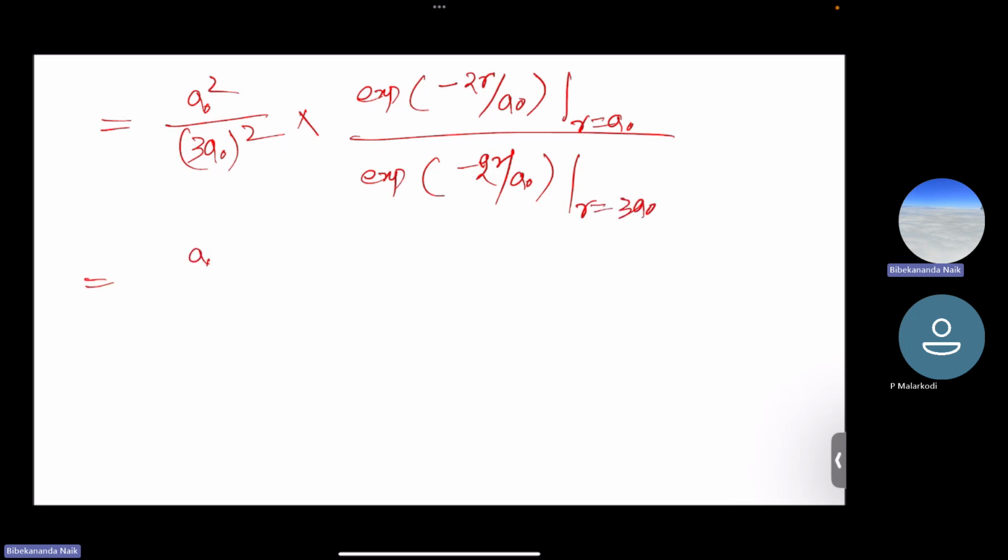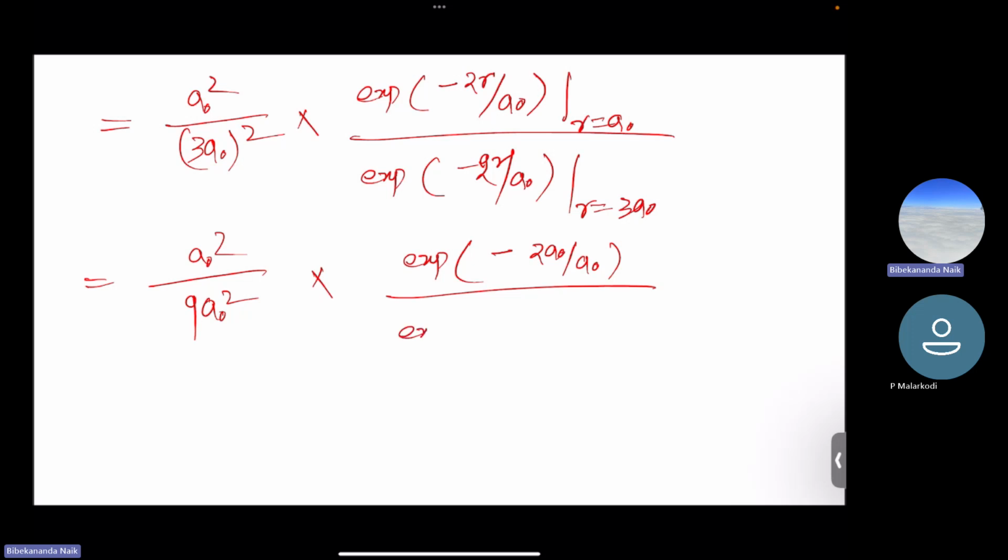It will be a0 square by 9a0 square into exponential minus 2a0 by a0 divided by exponential minus 2 into 3a0 by a0.